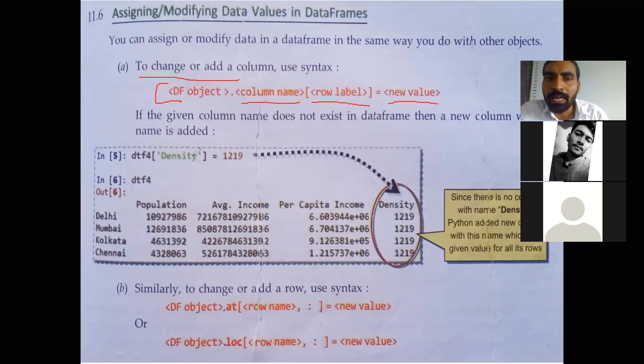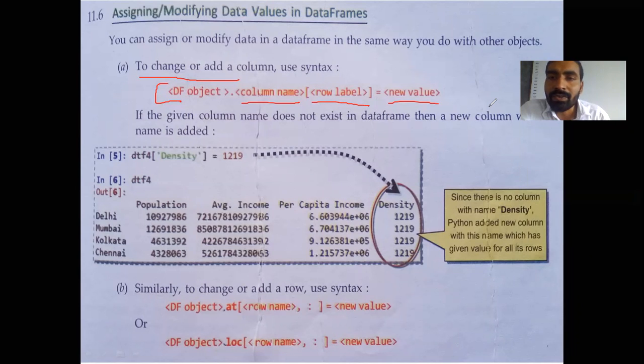Simply we have to type it. Here a condition is given: if the given column name does not exist in the data frame, kindly remember this rule, what column name you have provided here, if this column name does not exist in the data frame, then what will happen? A new column will be added with this name.